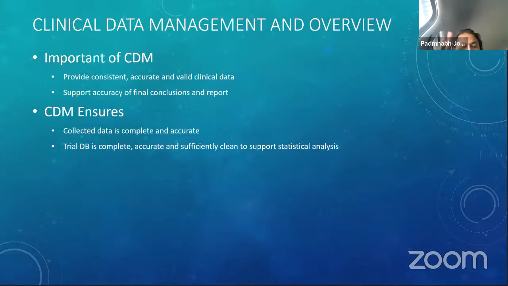I'll take you through what the quality aspects being monitored are and how we really do that. But this is just to give you the gist of what validation of clinical data means. It also helps to support the accuracy of final conclusions and the report. When we say final conclusions, it is nothing but the objectives of a study.